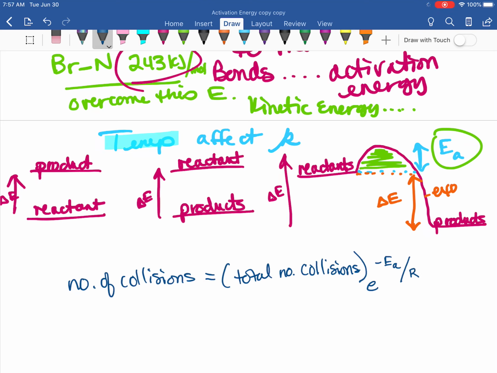And then wait for it, this is so fun. We're going to put in the gas constant and temperature. So we've literally got to include temperature, and that is a huge factor in there. Why are we including the gas constant? Because an awful lot of these studies were done as gases. It's much easier to calculate those collisions as gases. And then here's our activation energy.